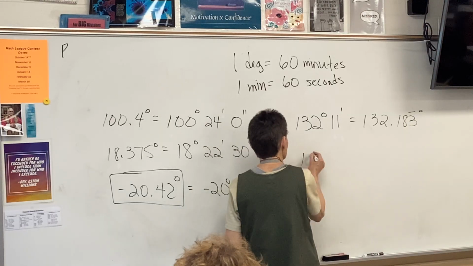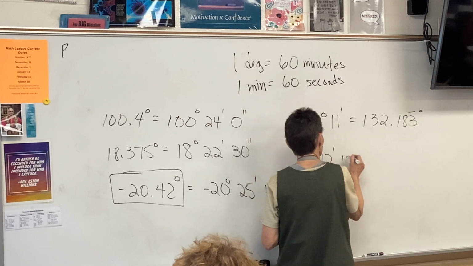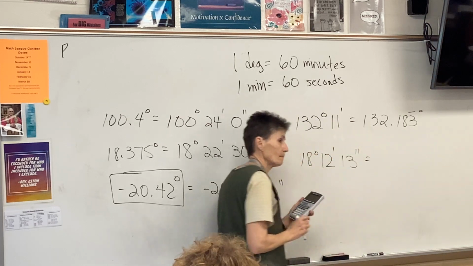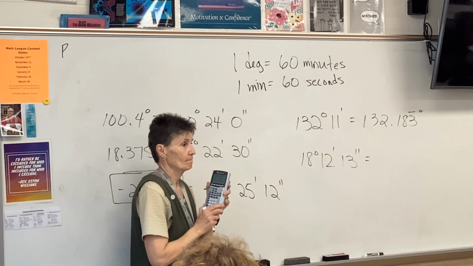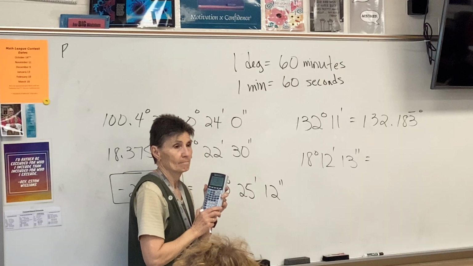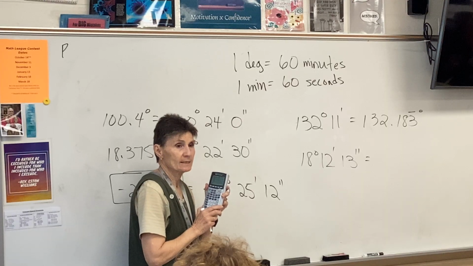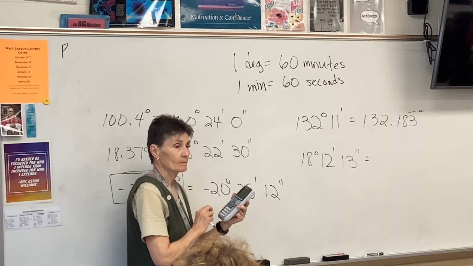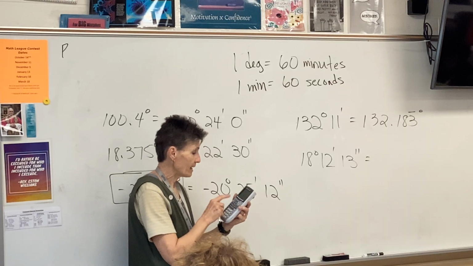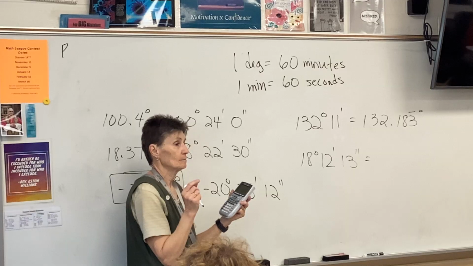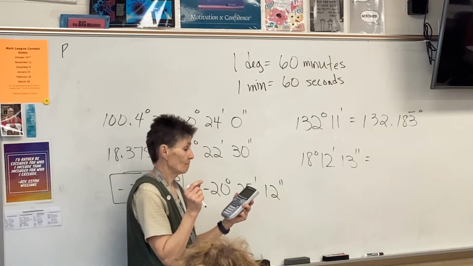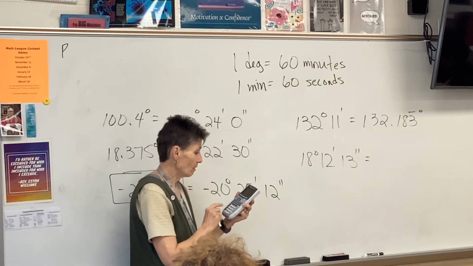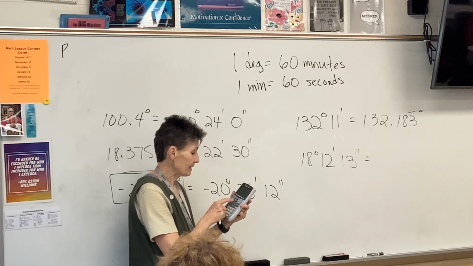18, 12, 13. All right, so let's see. First thing we'll type is 18. And then second angle, degree. And then 12, second angle.